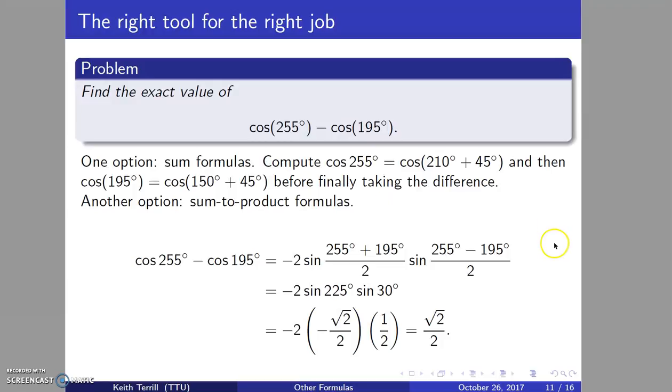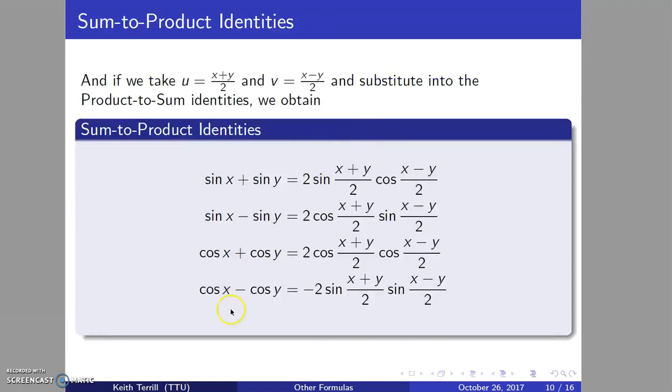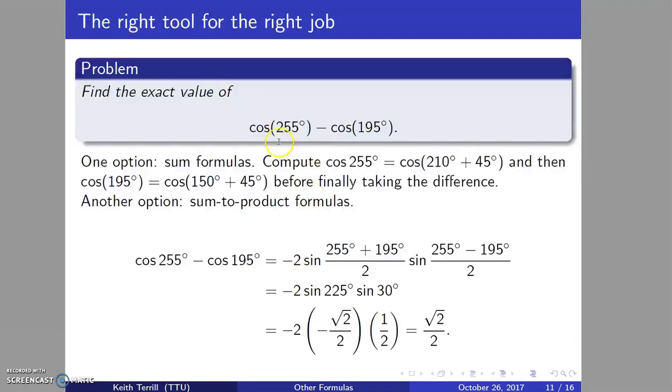But another option is saying, okay, I've got cosine of something minus cosine of something. I've got a formula that shows me exactly how to do that. This is tailor fit for this situation. Cosine minus cosine turns out to be minus 2 times the sine of the average times the sine of the midpoint, basically.